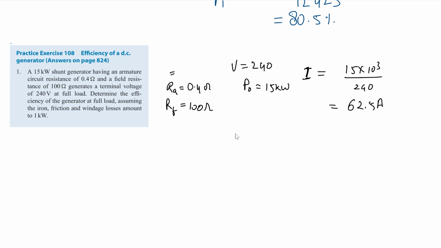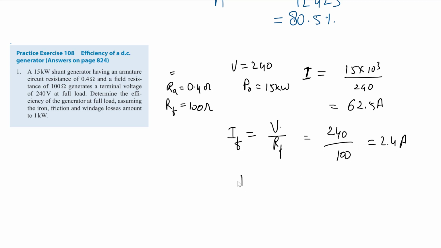And IF is equal to V divided by RF, which is equal to 240 divided by 100, that is equal to 2.4 ampere.